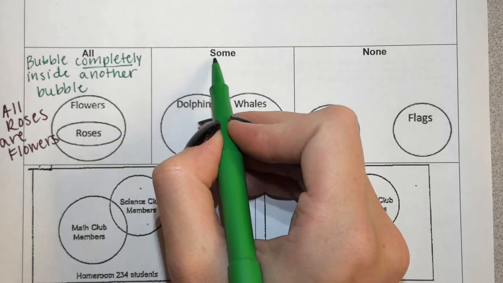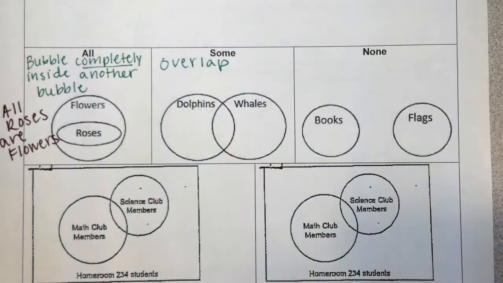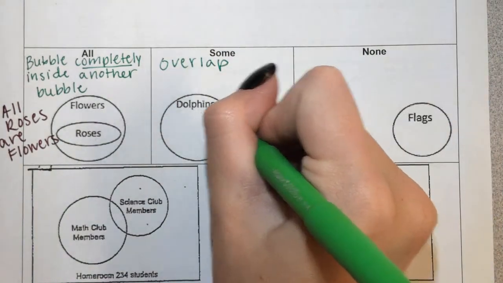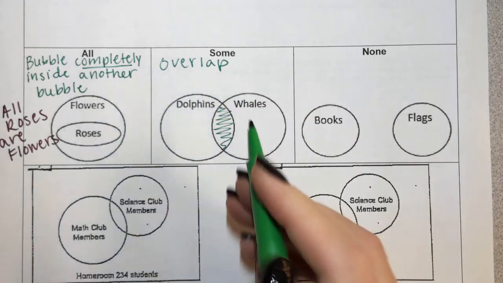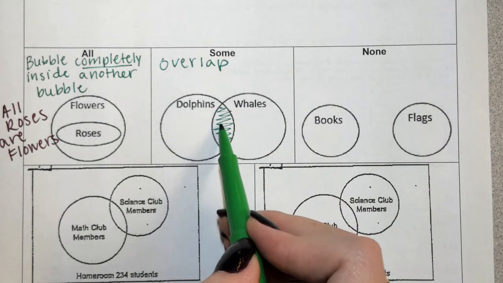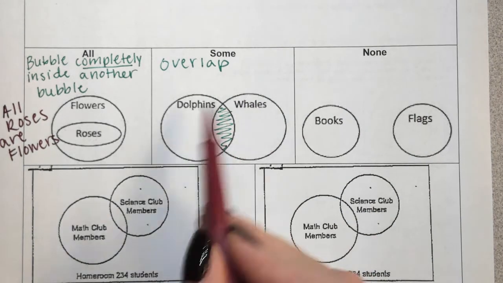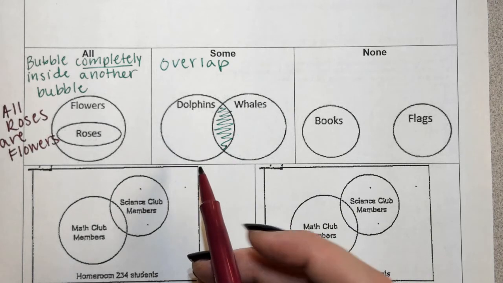Alright, next we have some. Some is going to be when you see the overlap in pictures. So that overlap is this right here. It's where one circle and another circle overlap, so there's a middle part of our picture. To describe this picture, there's actually two sentences we could write.